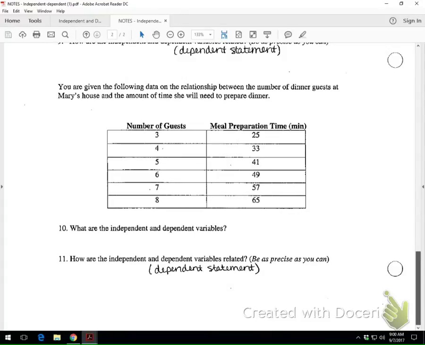Okay, this last one. It says, what are the independent and dependent variables of this table? Independent? Number of guests. Perfect. So that's independent. Dependent? Meal time or meal prep time.